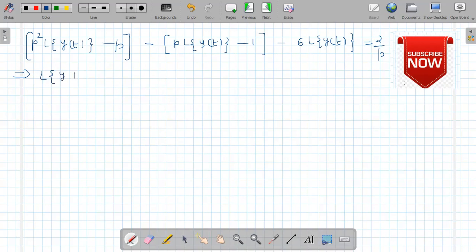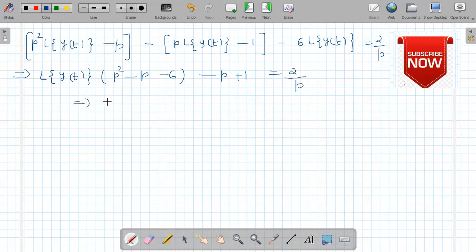So L of y(t) is common, then we have p square from this bracket, and from this bracket we have minus p, and from this we have minus 6, and what is left is minus p and here plus 1 only, is equal to 2 upon p.